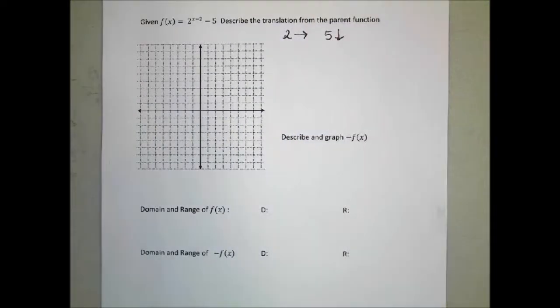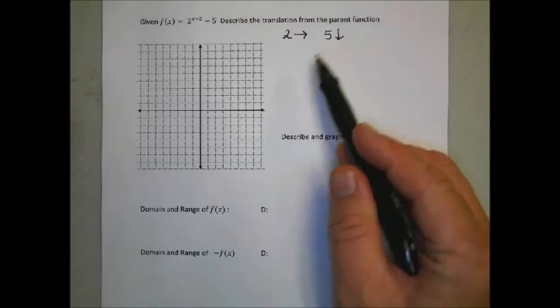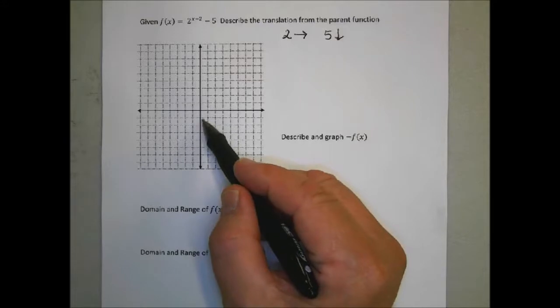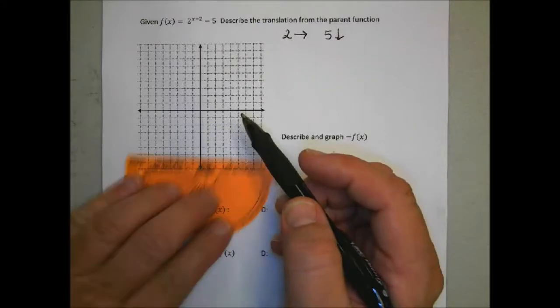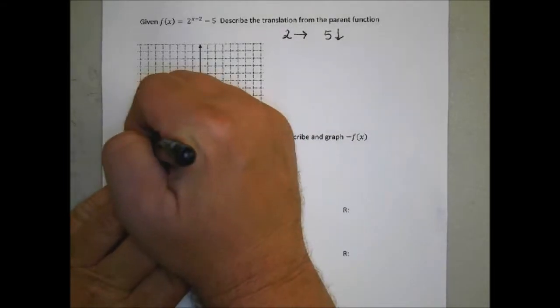Now, since it is an exponential function, remember it's going to have an asymptote, and that asymptote that usually sits right on the x-axis is going to drop 5 as well. So that might as well be the first thing we graph, the new asymptote. Down 1, down 2, down 3, down 4, down 5. So here's where the new asymptote lies.